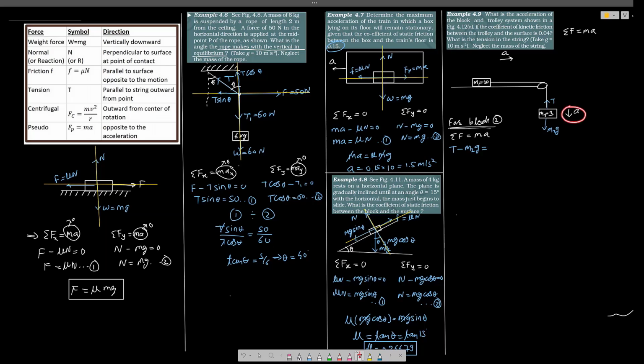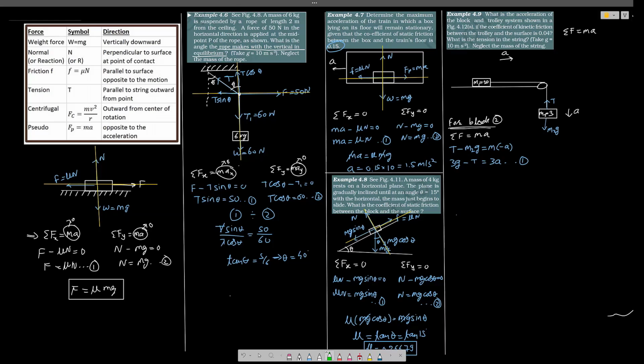Your acceleration is in downward direction, that's why m minus a. To simplify this, multiply minus 1 on both sides, so we'll get m2, which is 3g minus T is equal to 3a as your first equation. Got it?